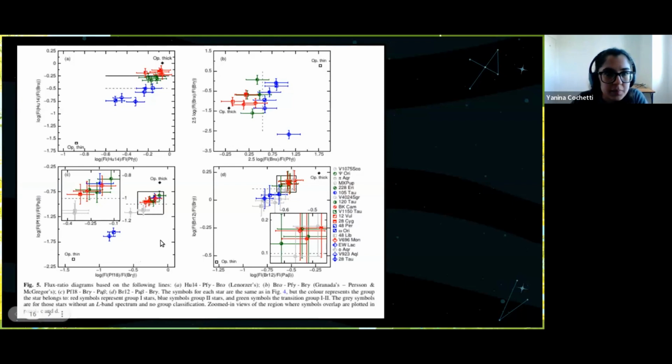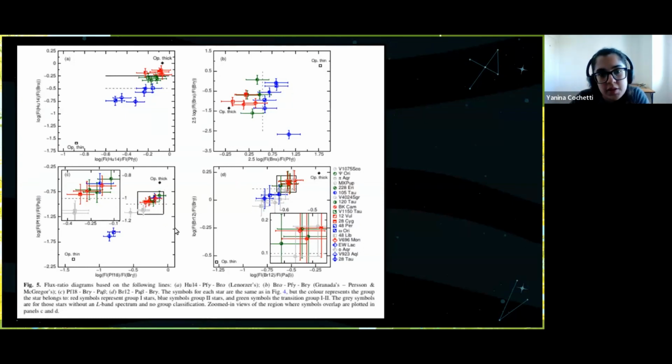You can see the distribution is quite similar to the Lorentz diagram. There are the optically thick and optically thin limits, and the blue symbols are in the lower part, and the red and green symbols are in the upper part.